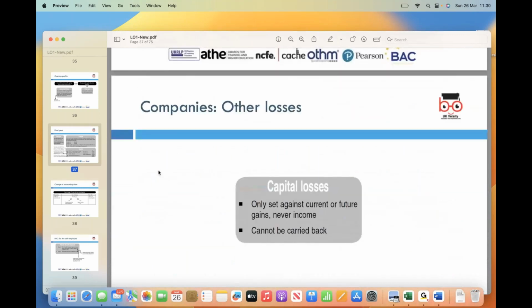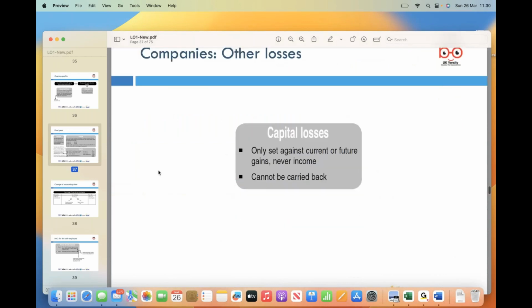So companies' other losses: capital losses can only be set against current or future gains, never income, and cannot be carried back. Capital losses can only be set against current or future capital gains and not against any kind of income.